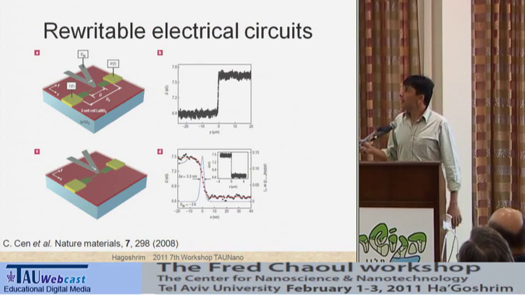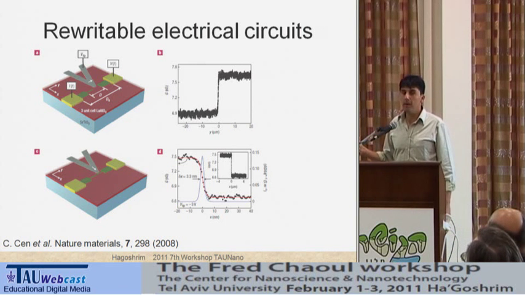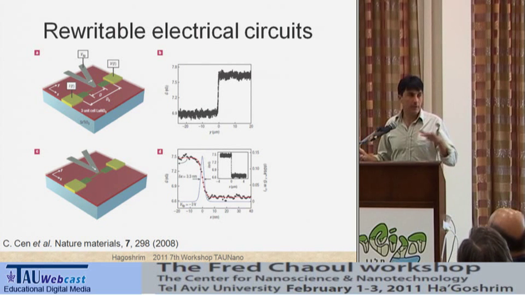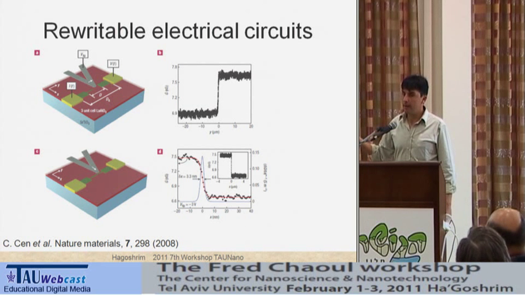And the last nice thing that was done is rewritable electrical circuits. So basically you sit at this 3 unit cell, so your material is now insulating, and you come with an AFM tip, you bias it, let's say to 3 volts relative to the sample, and then you can write circuits with your AFM tip.